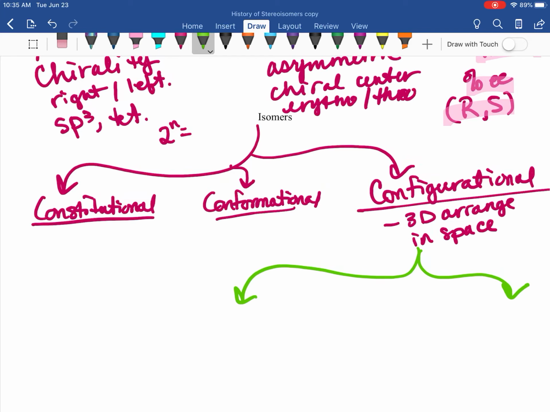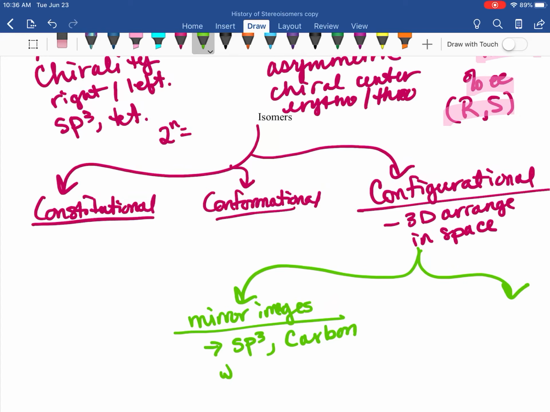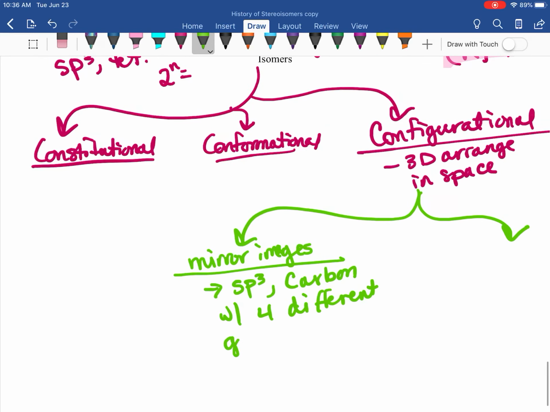Configurational isomers are broken into two sets. That first set is mirror images. Those mirror images are literally our right hand and our left hand. We have mirror images possible when we have an sp3 carbon with 4 different groups attached.